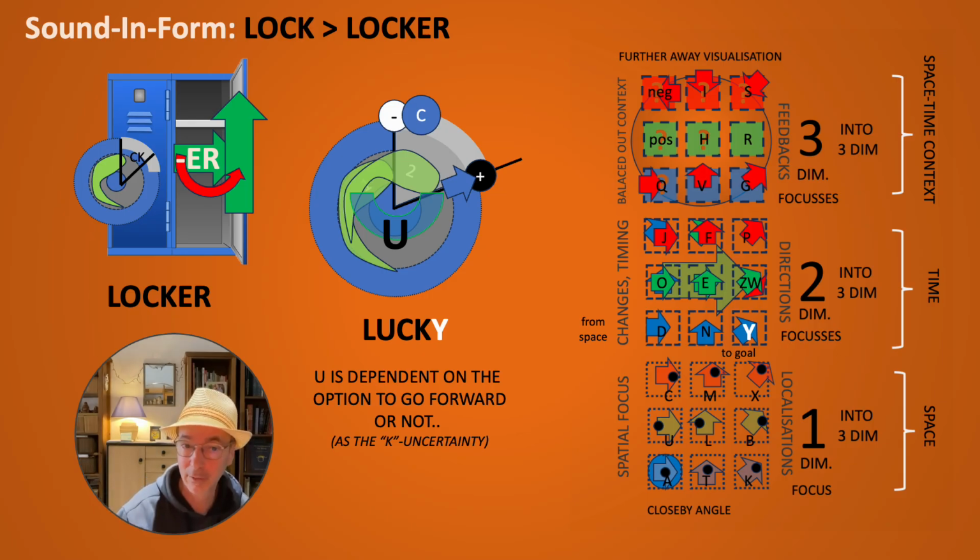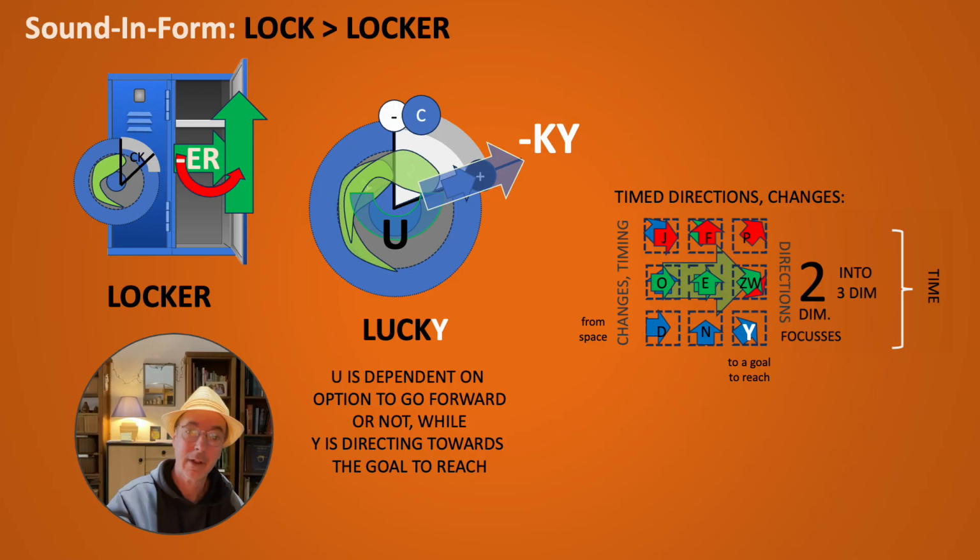So it will be dependent with the U, but with the Y, it will go towards that goal. So that lucky will become lucky, of course, because then you can make and achieve that choice and that option to go forward. So in that way, you have that lucky. Yes, I will have that option, and I will direct to the goal that I don't know yet, but I will go to that goal to reach.